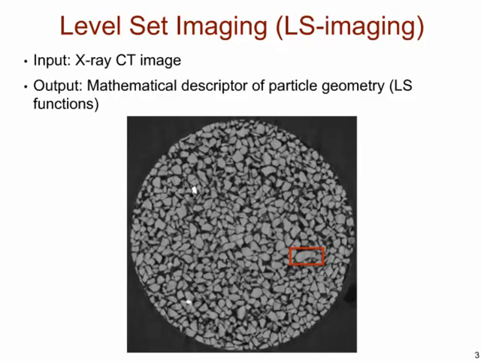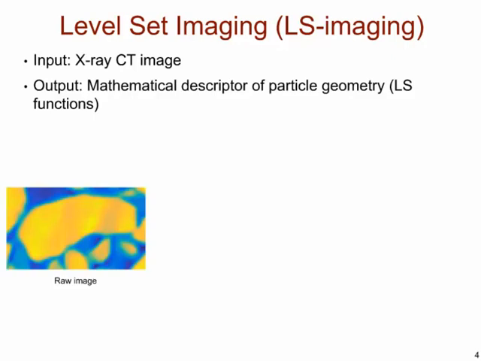Here we're going to use level sets instead of clusters of circles, as Roman was showing earlier, and I'll explain very briefly what level sets are. But the idea is to go from a picture that is typically voxelated or binarized to a mathematical description, or some sort of description, of the shape of a particle.